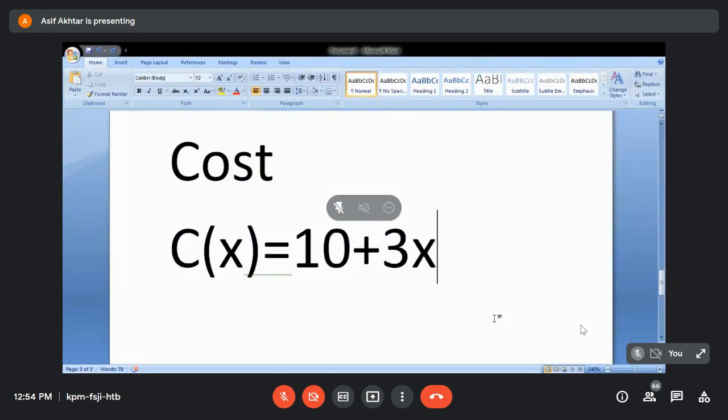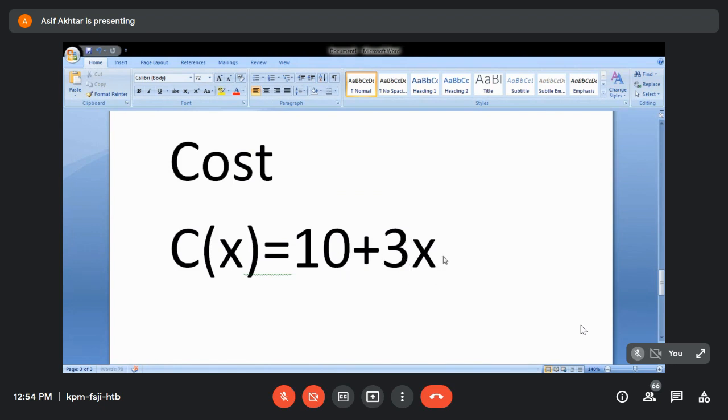I request all of you to kindly put yourself on mute. So this is the cost function C(x) = 10 + 3x, where 10 is the constant and 3 is the coefficient.